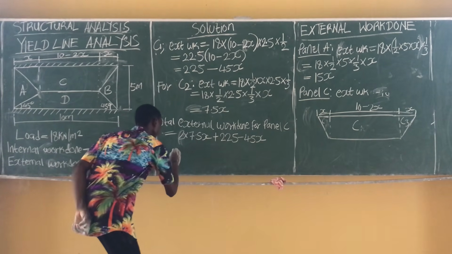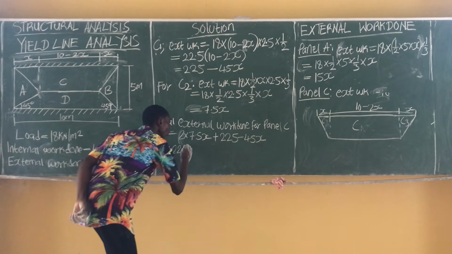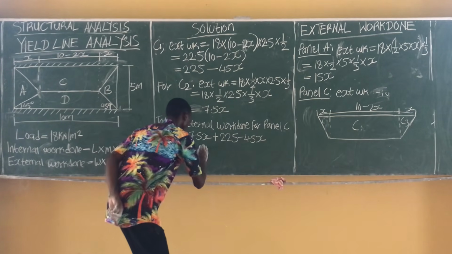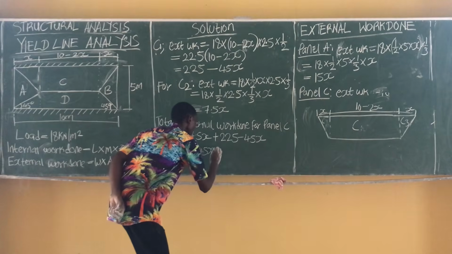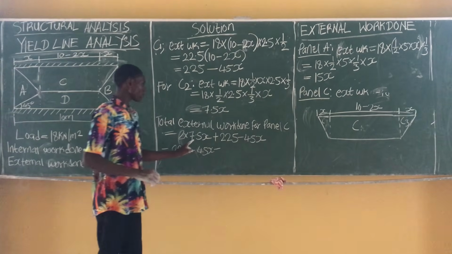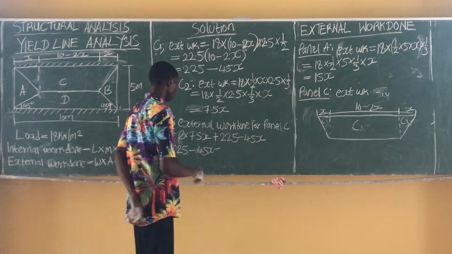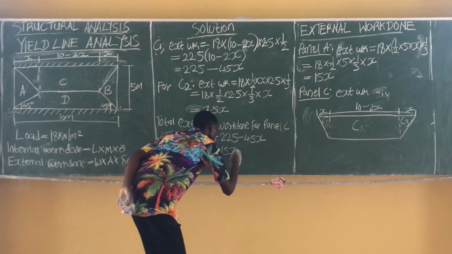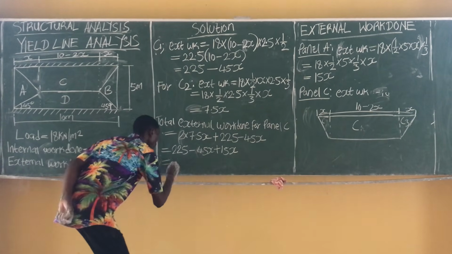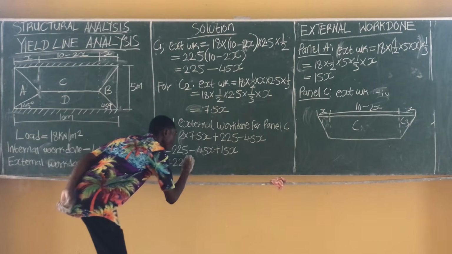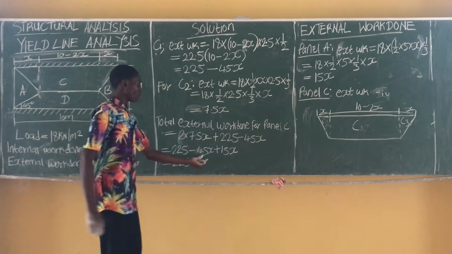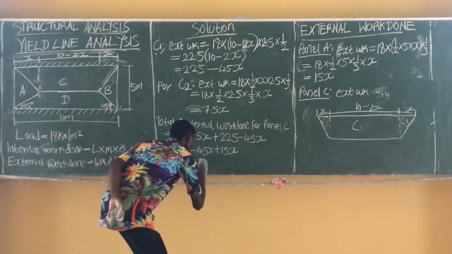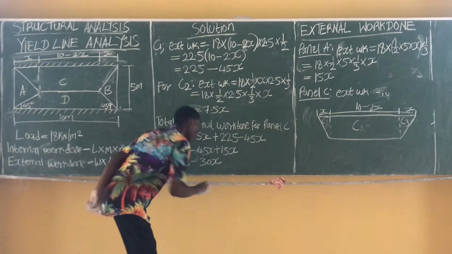2 times 7.5 will give us 15x. So this is equal to 225 minus 45x plus 15x, will give us 225 minus 30x.